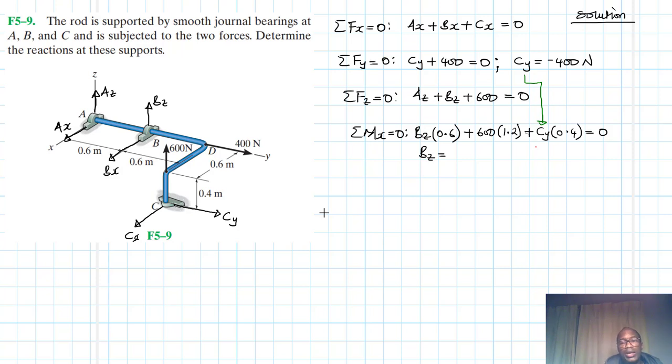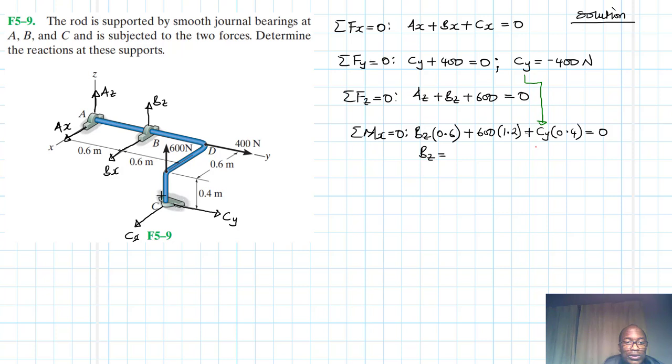Be careful the way you replace this value. Here we are assuming it is positive, but what we found is a negative value. So you have to feed it the way it is.